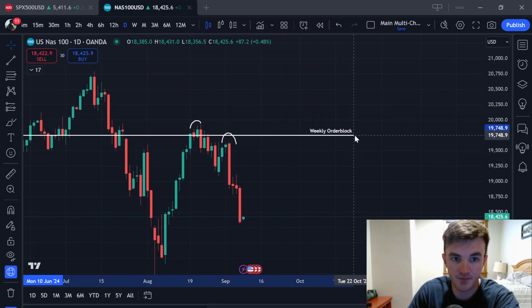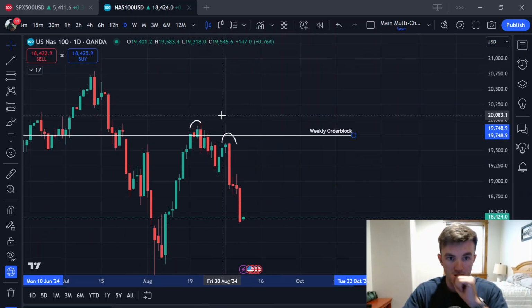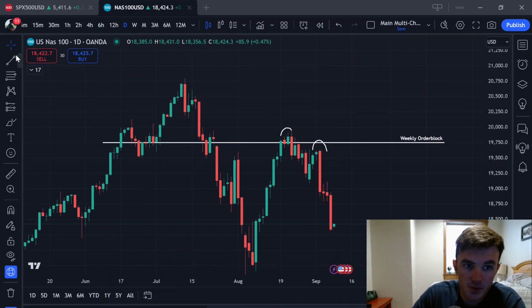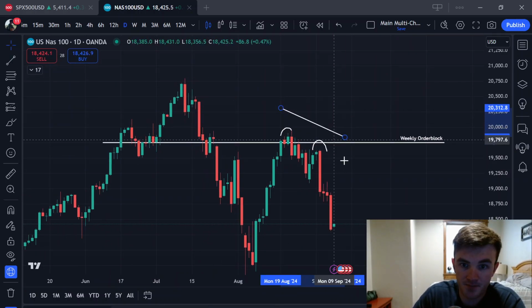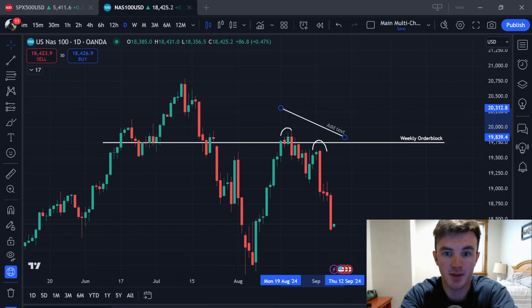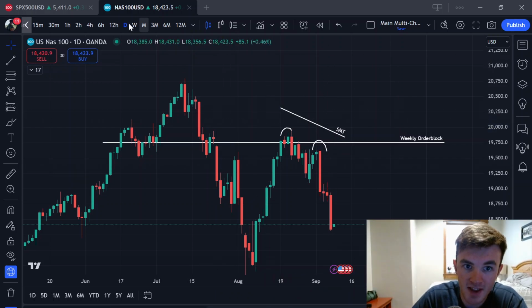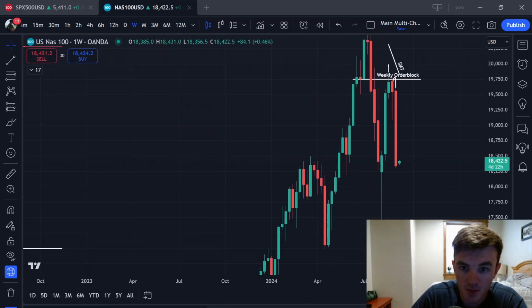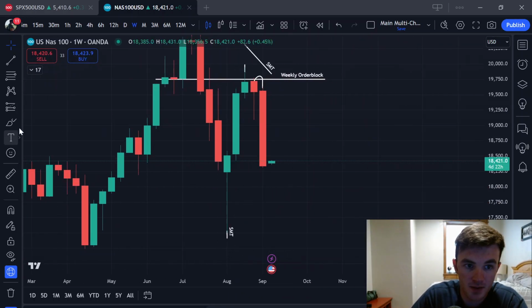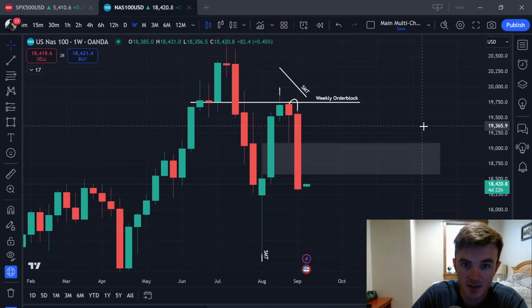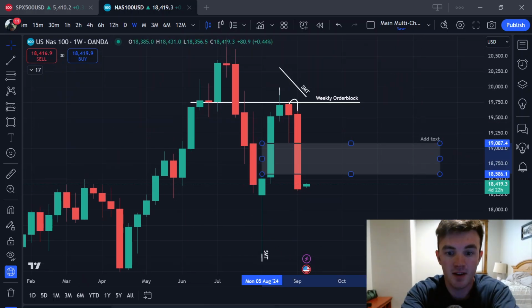So we got this SMT at this weekly order block, and now we got, what is this? A weekly inverse fair value gap.